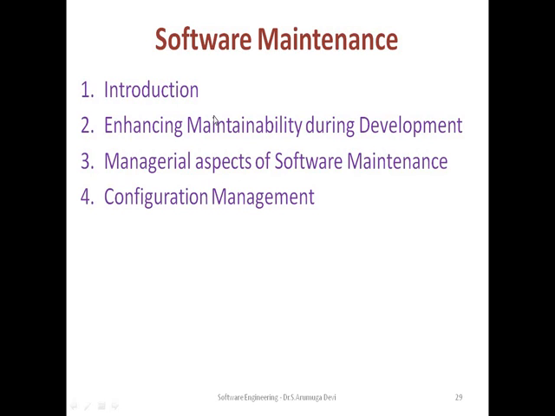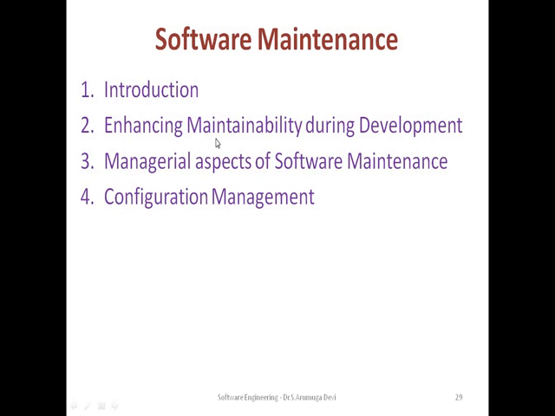In the introduction: what is software maintenance, what is the necessity of software maintenance activities, and when will it start. The second part is enhancing maintainability during development. What are the things we have to consider, and what care must be taken during development to enhance maintainability?